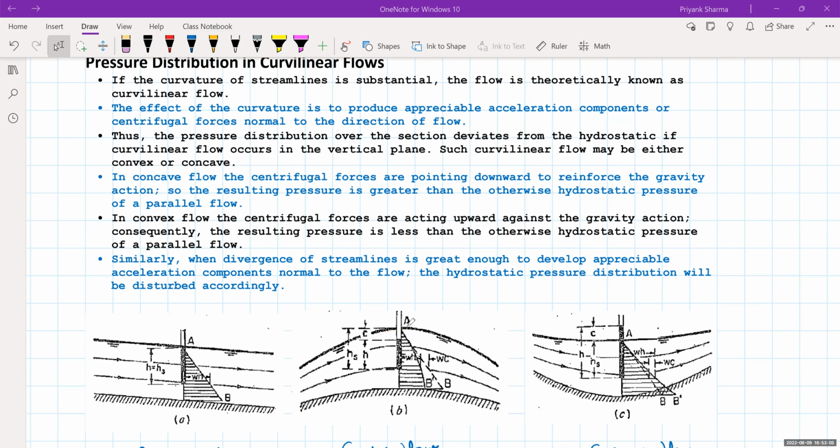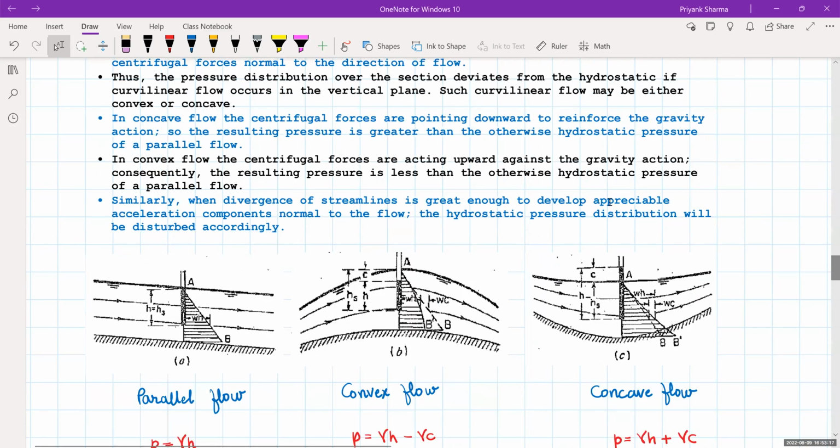So if we talk about the hydrostatic pressure condition, let us say it is gamma H. Your pressure in case of a convex flow will be gamma H minus gamma C. So there is a reduction in the pressure due to this convex nature.